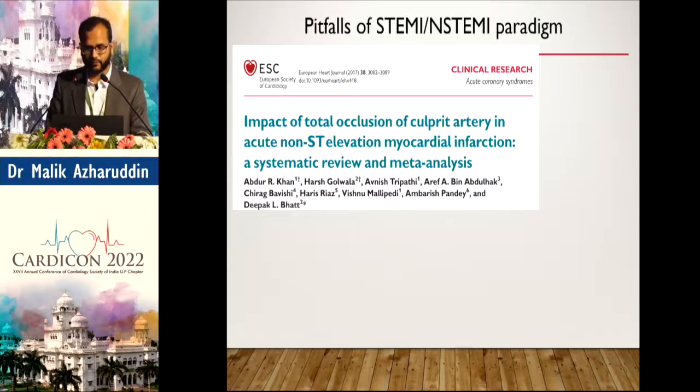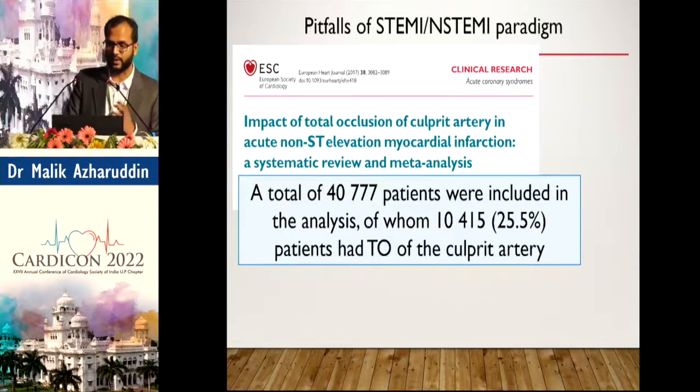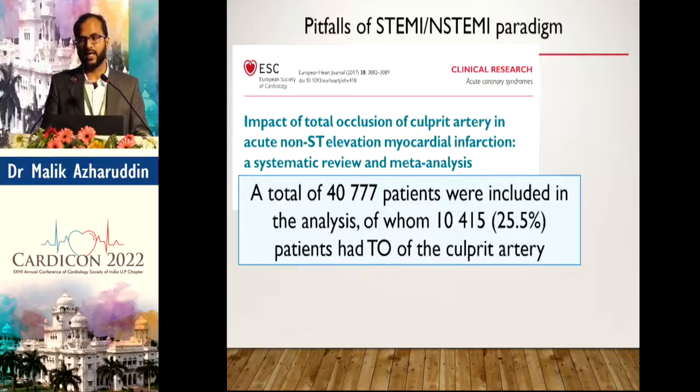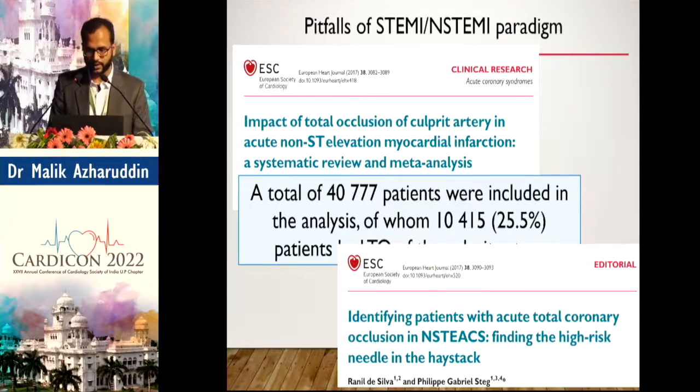But there are important pitfalls, because in this meta-analysis published in the European Heart Journal, they found that out of a total of 40,000 NSTEMI patients analyzed, 25.5% had a total occlusion of a culprit artery, and the mean time to revascularization in this study was 34 hours. That is a phenomenal delay, and with current expanding access to care and cath labs in almost every 150 kilometer radius, even in India, it's time for us to look beyond and try to improve the care.